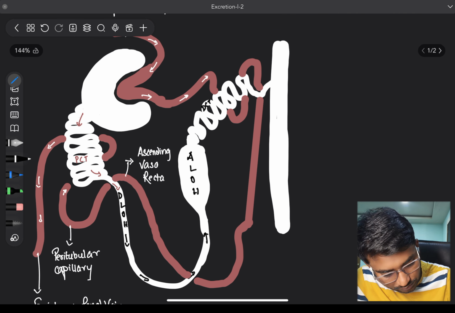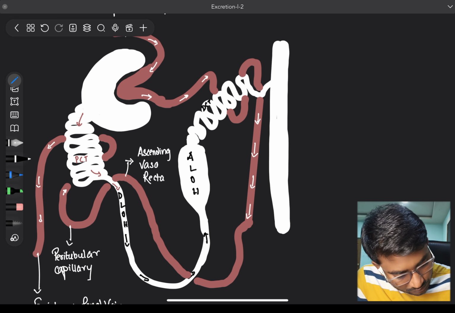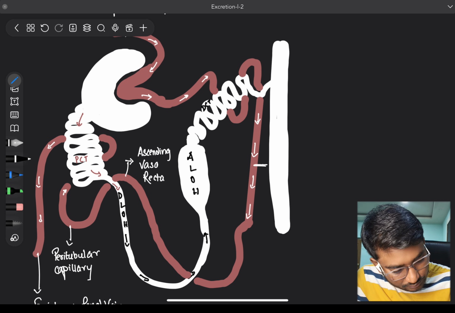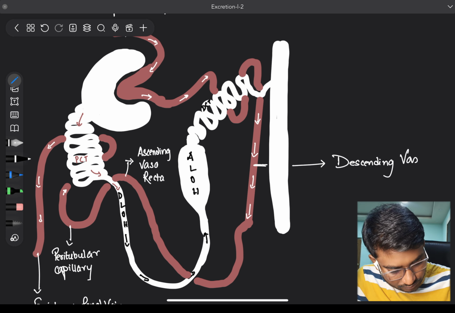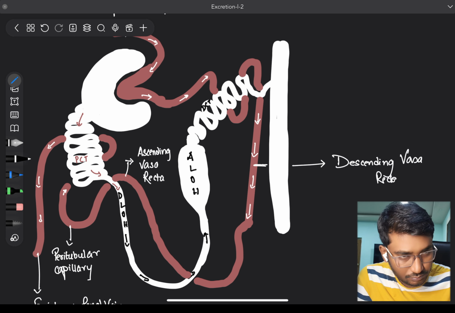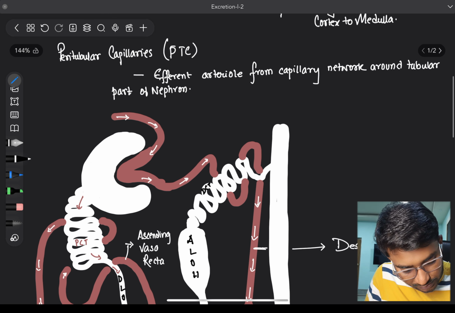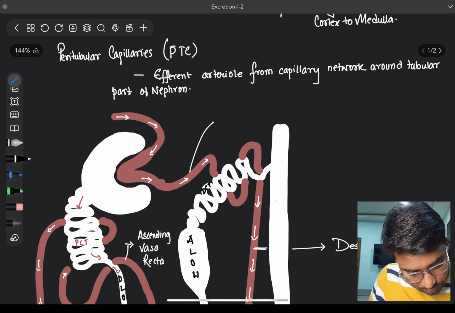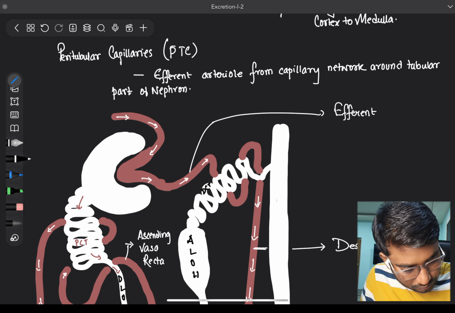Now, this is the descending vasa recta. And this is the afferent arteriole.